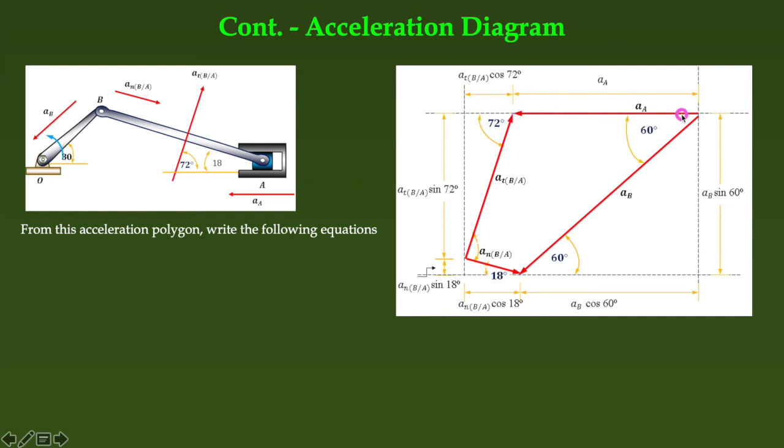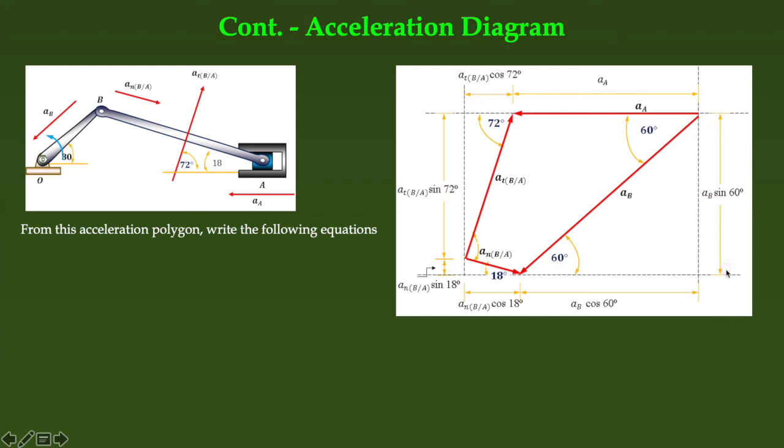This is equal to A. Now here to here, as the angle is 72 degree, it is ATBA cos of 72. Similarly it is ATBA sine of 72. Likewise we are calculating these values. Then we can say that this plus this equals this plus this. Similarly, this plus this equals this length.